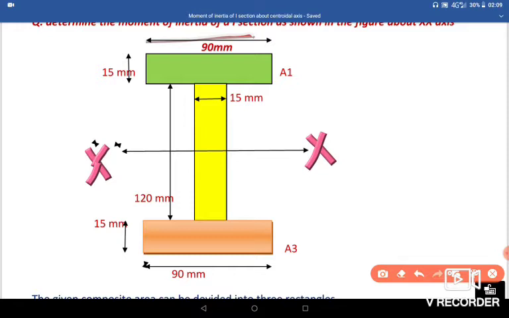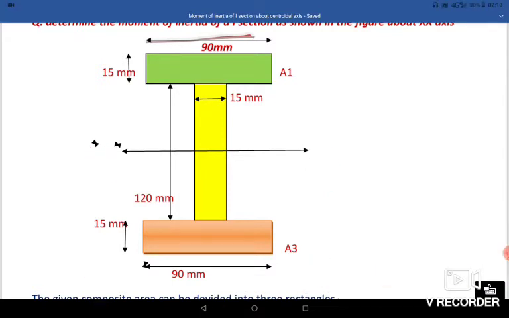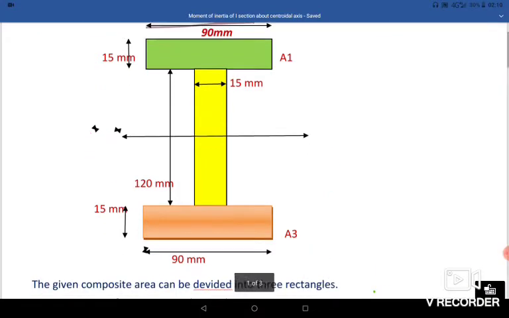As mentioned in the question, you will have to calculate the moment of inertia about the x axis, and from the picture you can clearly understand that the x axis is the centroidal axis.